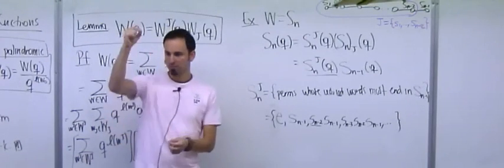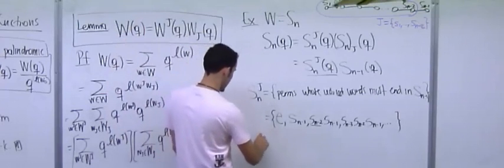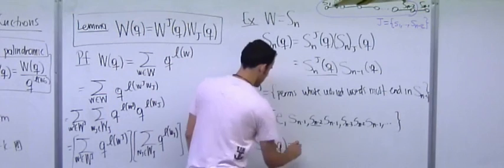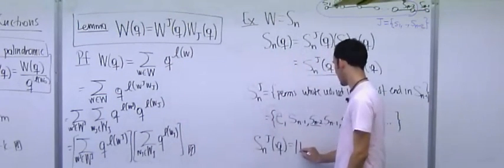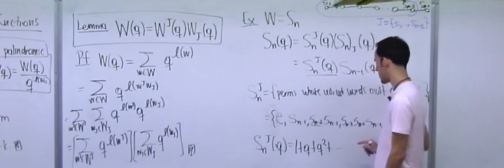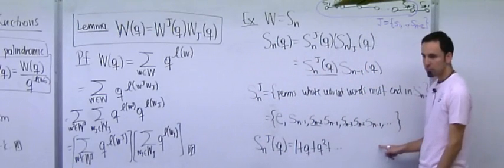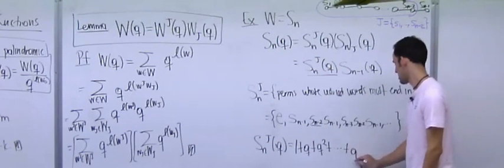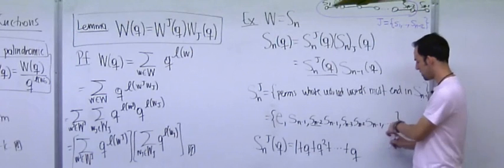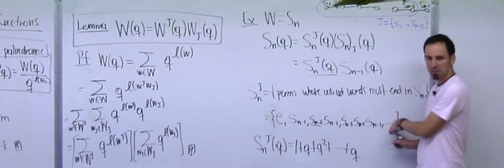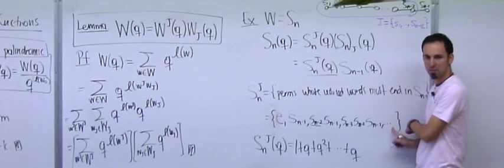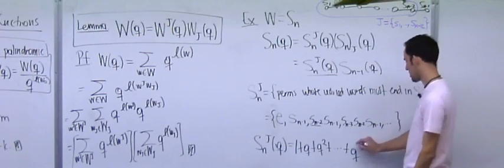It's just a chain. So what is the Poincare series of this? Well, I have one element in each rank. Where should I stop? Q to the what? Well, the last element that I will see here is S1, S2, S3 up to Sn minus 1, which has length n minus 1. So I should stop here.